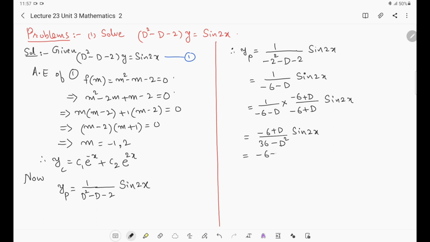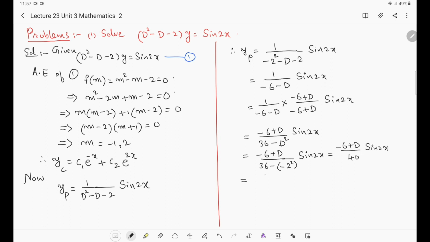Further, minus 6 plus D by 36 minus, so now again D square should be replaced with minus a square, which is D square is replaced with minus 2 square. So, minus 2 square into sin 2x. So, further what will happen? Minus 6 plus D by here 36 minus minus will become plus, 2 square is 4. So, 40 we will get, 40 into sin 2x.